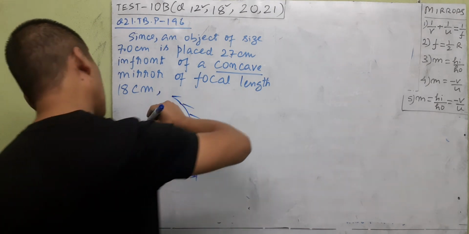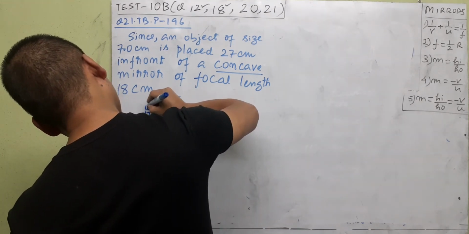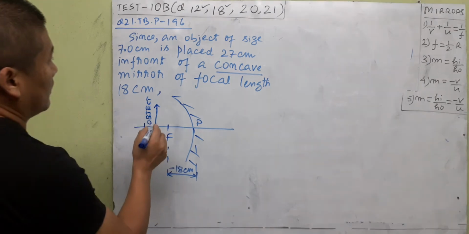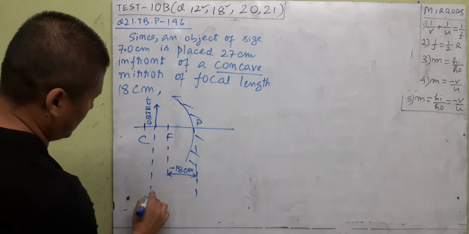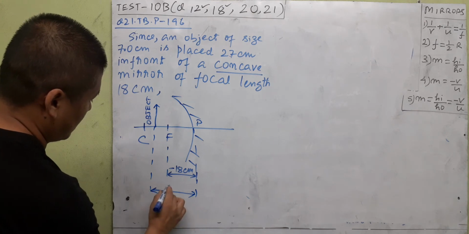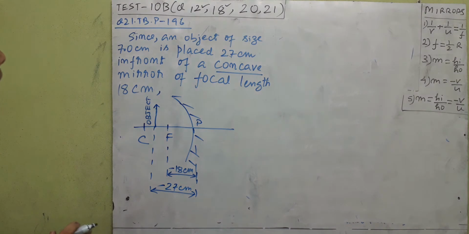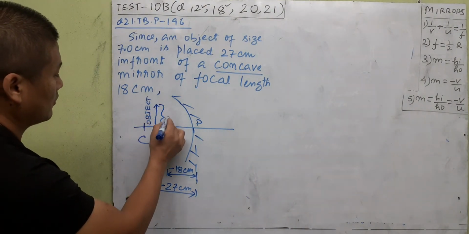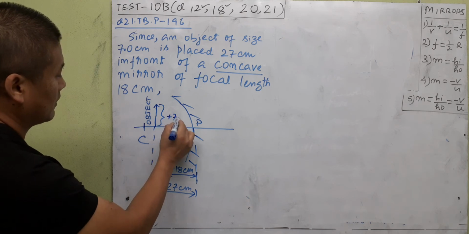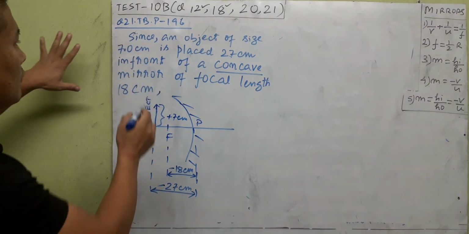So this is the object, 27 centimeter from the mirror. From here to here is object distance, U is minus 27, left side. Size is 7, so HO is plus 7 centimeter, because it's above the principal axis. Those are the ones we got.